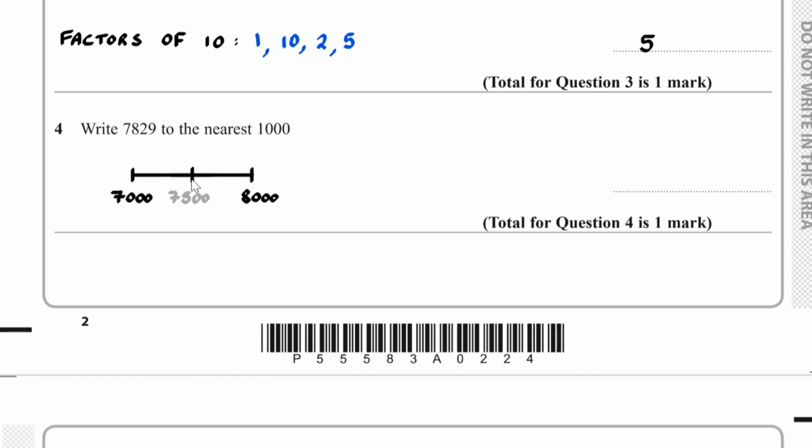Now, if our number is in between 7,500 and 8,000, we would round up to the 8,000. Now, our number is 7,829. And so what we would have to do then is round up to the 8,000.